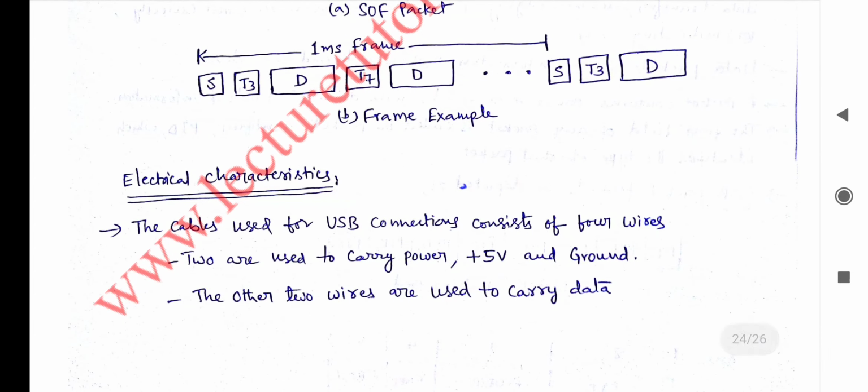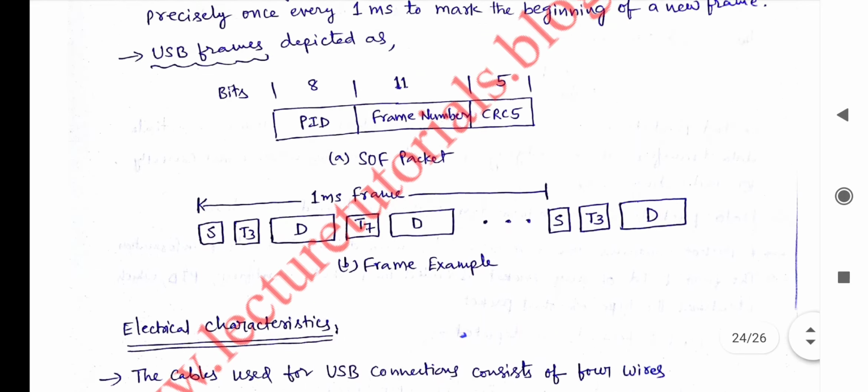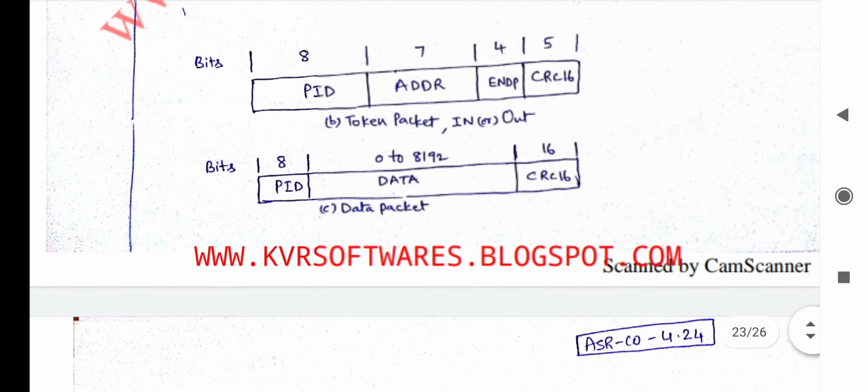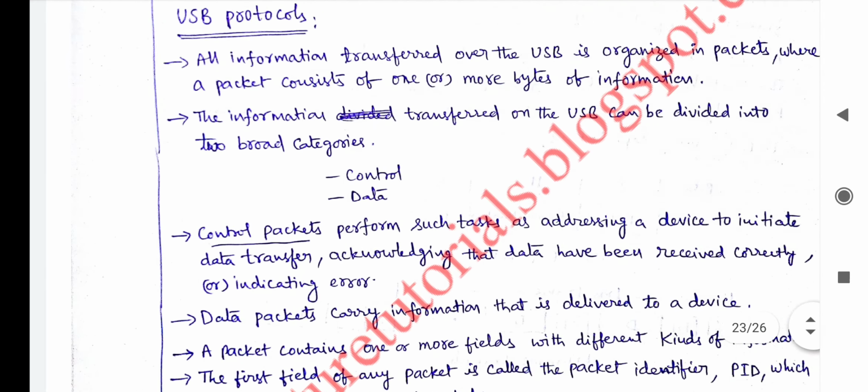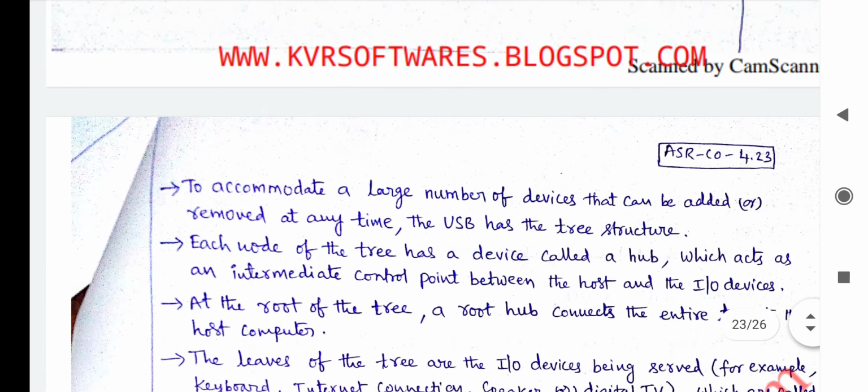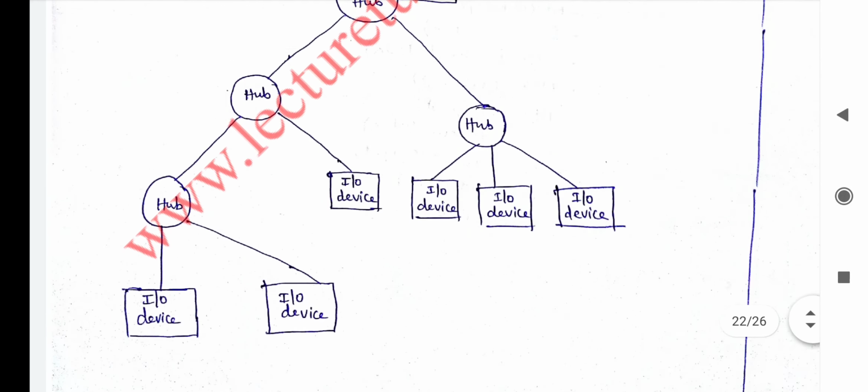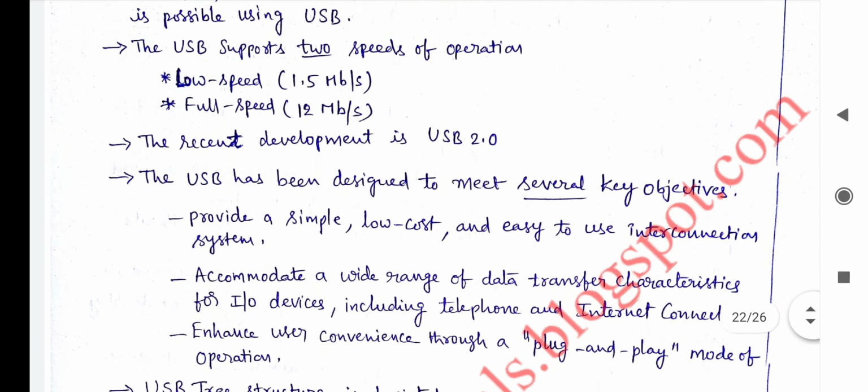So here we have to use 4 wires. 2 wires are used to carry power and 2 wires are used to carry data. Okay. These are the details about USB, universal serial bus. Okay.